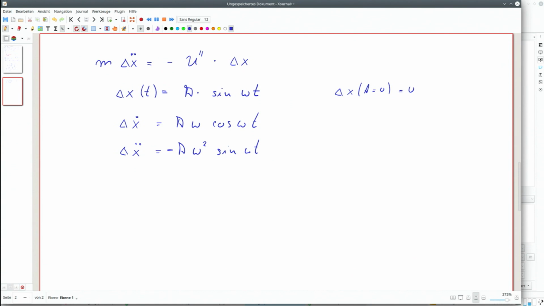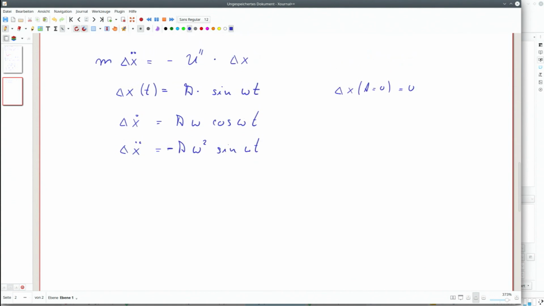Normally it's much easier to do all this with complex functions, exponential ix or so, but in this case I wanted to just show the sine functions, as I don't know how familiar you are with complex exponential functions.